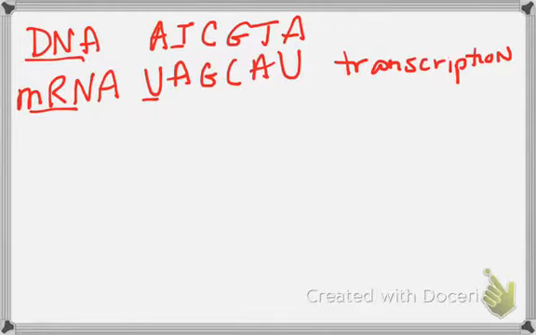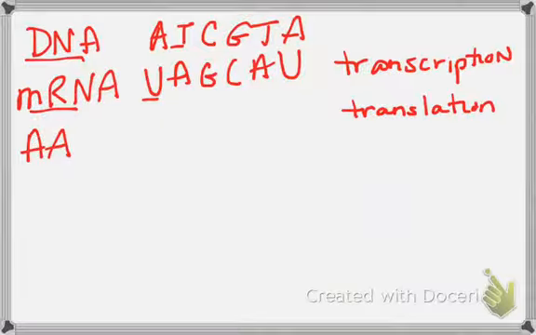Then we want to go to our amino acid sequence. Going from mRNA to amino acid is called translation. And remember, with translation, we need our codon chart. We need a dictionary to go from the mRNA to the amino acid.